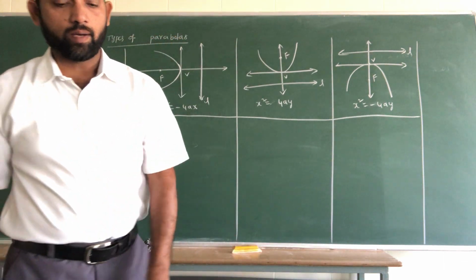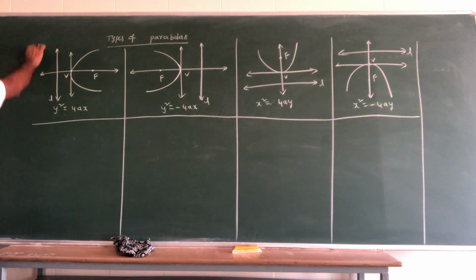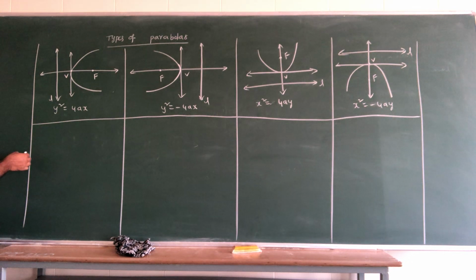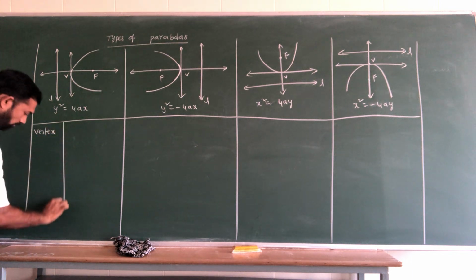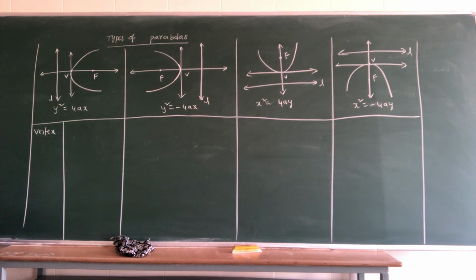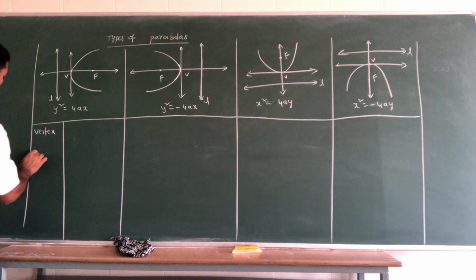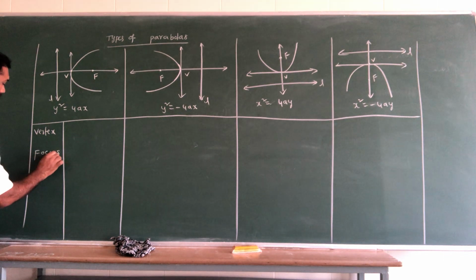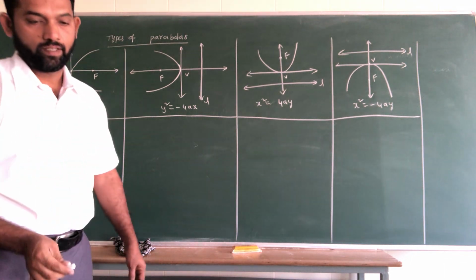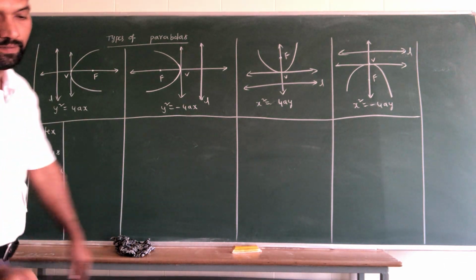So what are the common points? First one, vertex. Next one, focus. Directrix. Next one, axis.